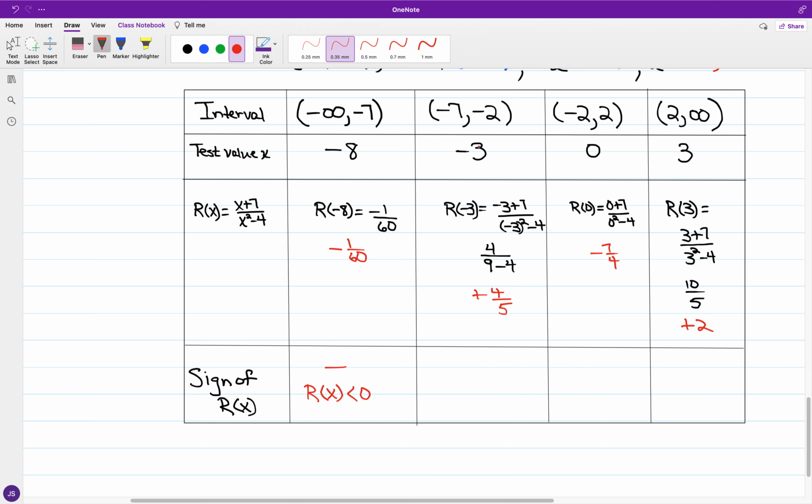Anything between negative 7 and negative 2 leads to a positive output, so r of x is greater than 0. Next we have a negative output, so r of x is less than 0, and then any value of x selected greater than 2, the output is going to be positive.